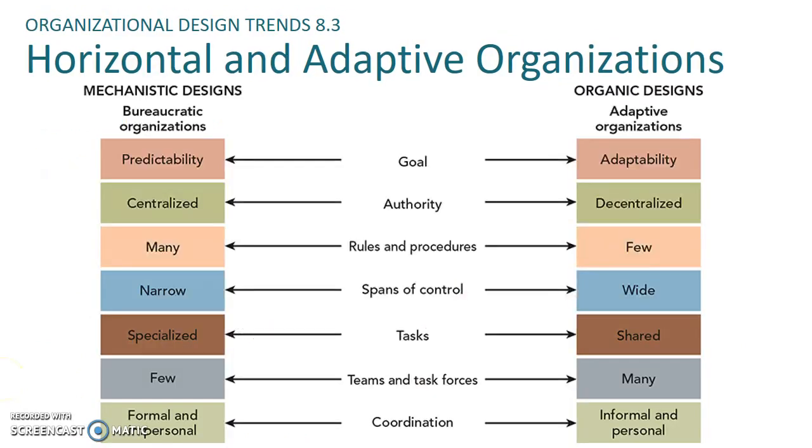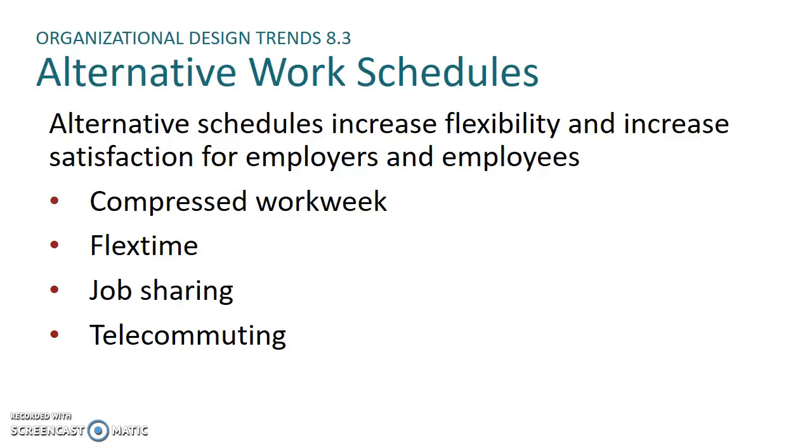And then the last and final trend in organizational design is alternative work schedules. This is the fifth one in your book, and that starts on page 152. Alternative work schedules are where we talk about a compressed work week. Maybe you work 4 10-hour days instead of 5 8-hour days, providing employees flex time, job sharing, or telecommuting.